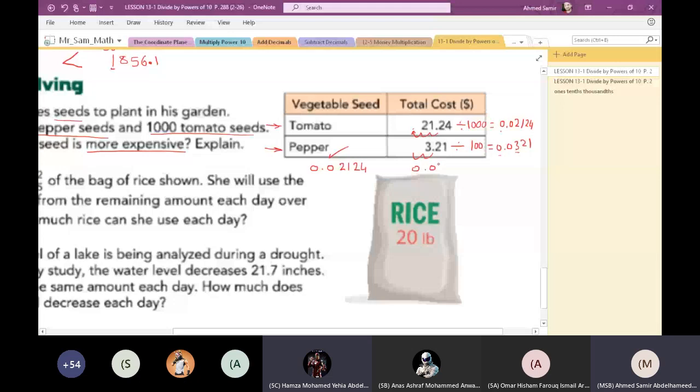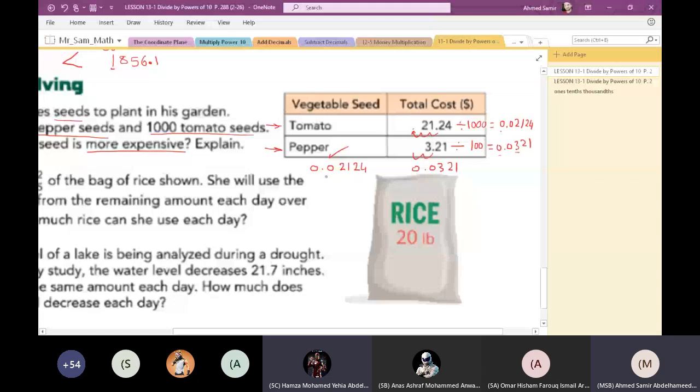We have 0 and 0, point and point, 0 and 0, 2 and 3. So which is bigger? The 3, of course. So the pepper is more expensive, right? All right. Thank you very much, Hamza.